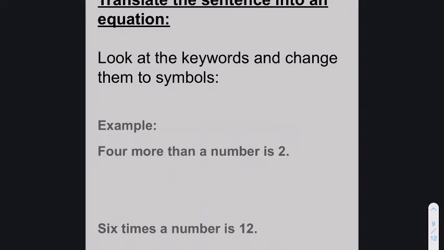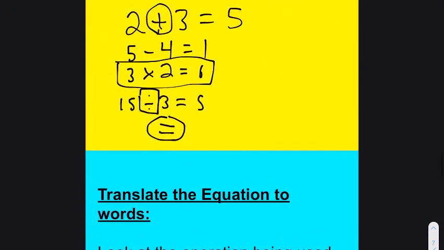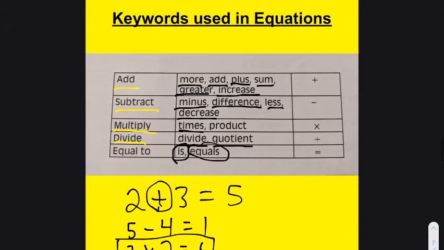So 4, we can write the number 4. What about more? What would be a word that we can use for that? Let's go to our keywords. So I can see here that the word more goes with addition.